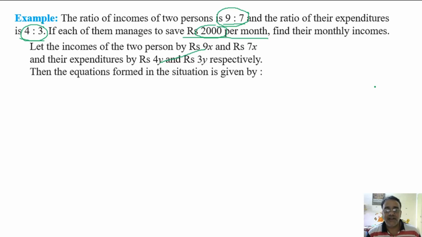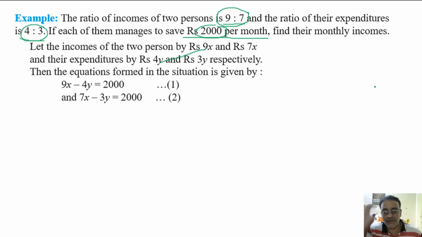So the equations formed in this situation are 9x minus 4y is equals to 2000 and 7x minus 3y is equals to 2000. Are these two equations clear to all of you? Yes, sir.